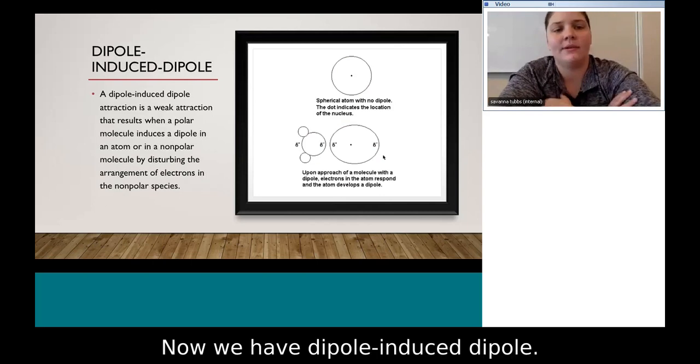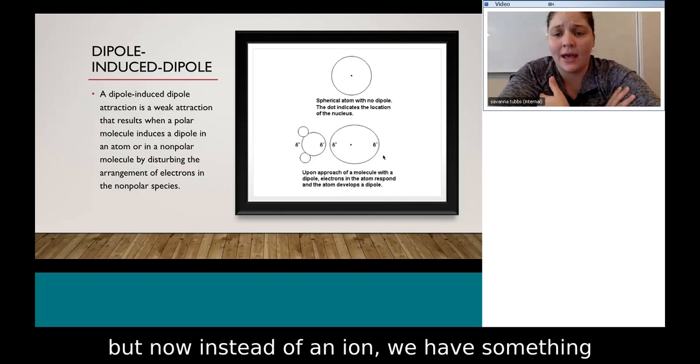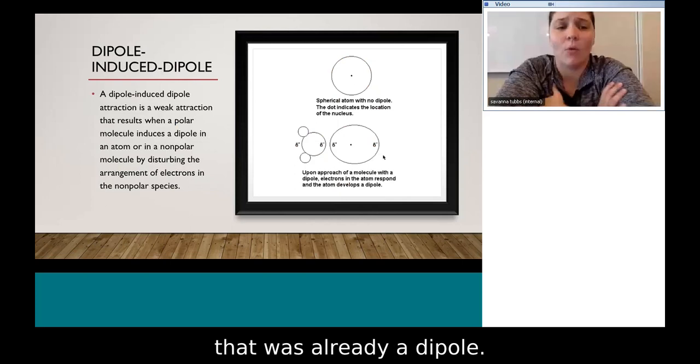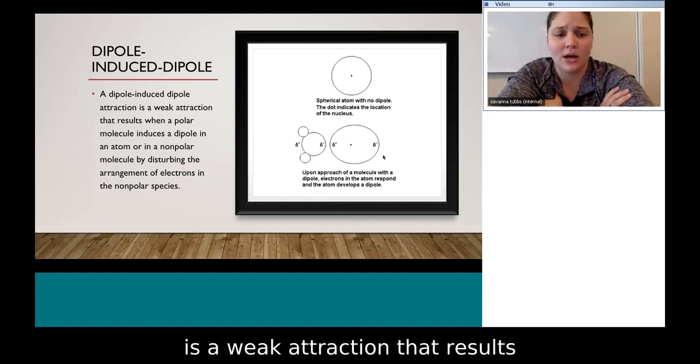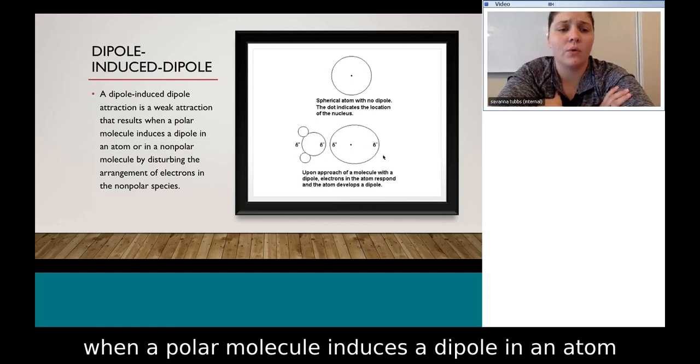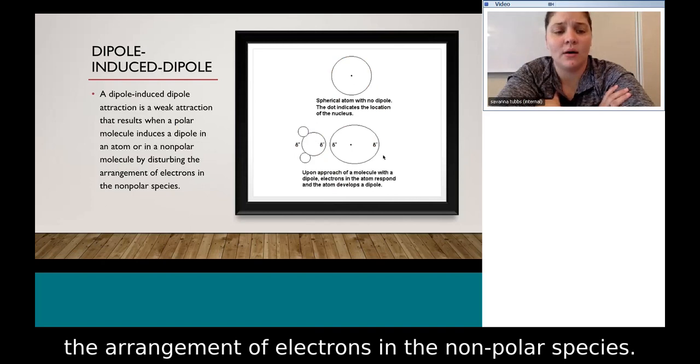Now we have dipole-induced dipole. It's pretty similar to the ion-induced dipole, but now instead of an ion, we have something that was already a dipole. A dipole-induced dipole attraction is a weak attraction that results when a polar molecule induces a dipole in an atom or in a nonpolar molecule by disturbing the arrangement of electrons in the nonpolar species.